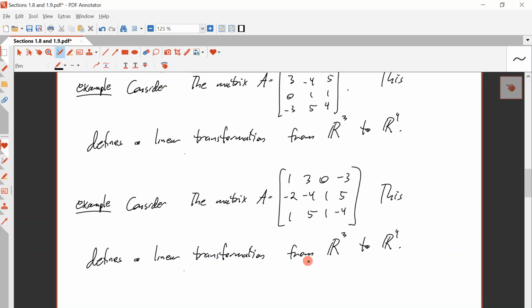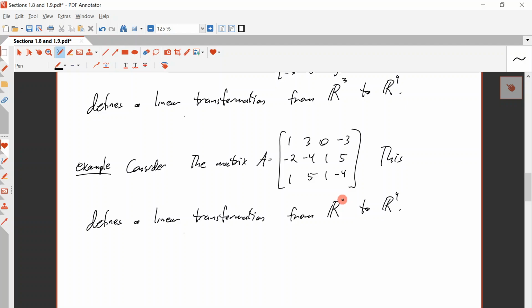This matrix defines a linear transformation from R4 to R3.